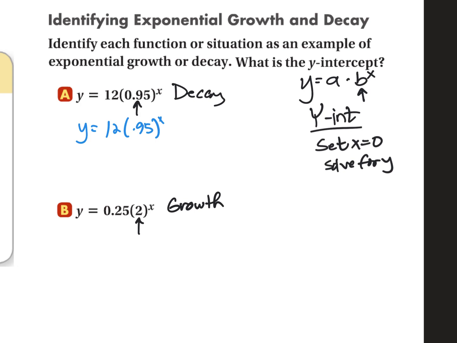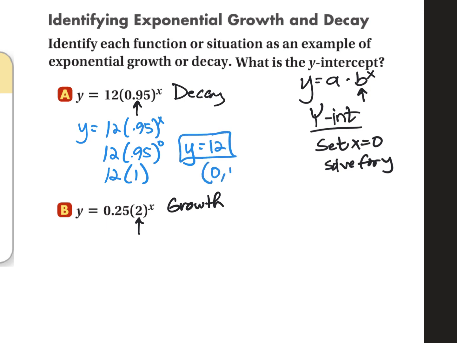Well, I want to put 0 in for x. That's 12 times 0.95 to the 0 power. Anything to the 0 power is 1. So this is really 12 times 1. So the y-intercept is 12. The ordered pair x is 0 and y is 12. So all you're going to do is put in 0 for x, solve for y to find the y-intercept.